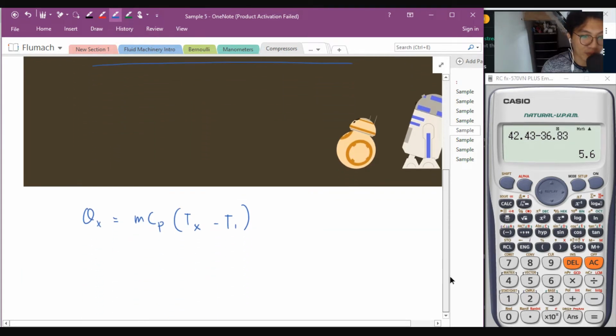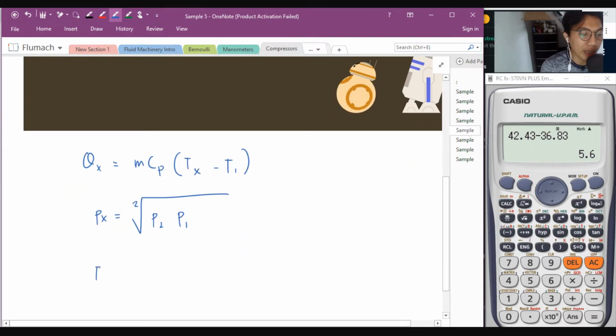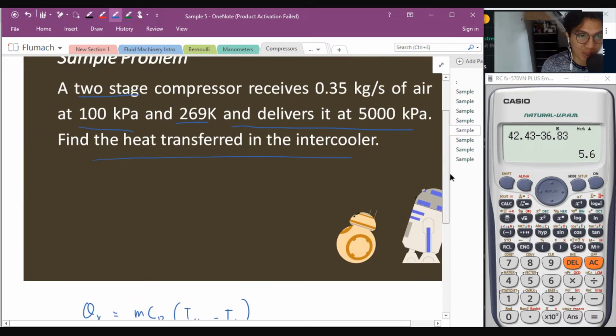Okay. Yung Px natin kasi is equal to the root of the number of stages, 2. Tapos, ang P2 natin is 5,000. P2 multiplied to P1. Kunin muna natin si Px. Okay? Px is equal to square root nung P2, that is 5,000, tapos P1, that is 100 kPa.